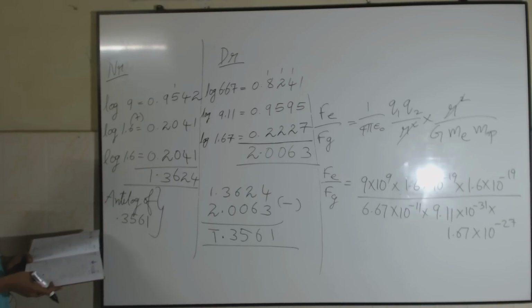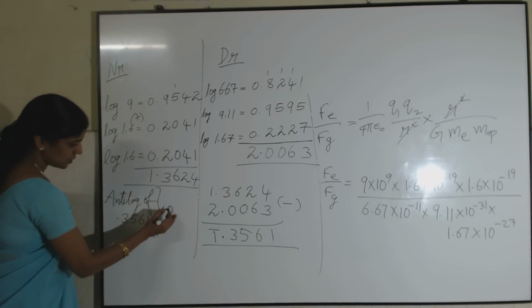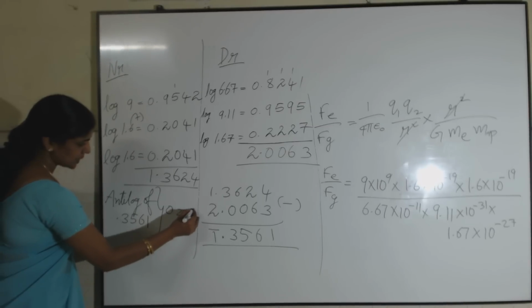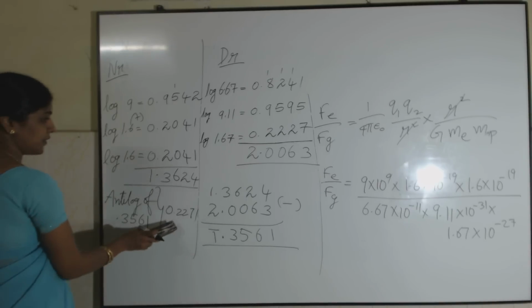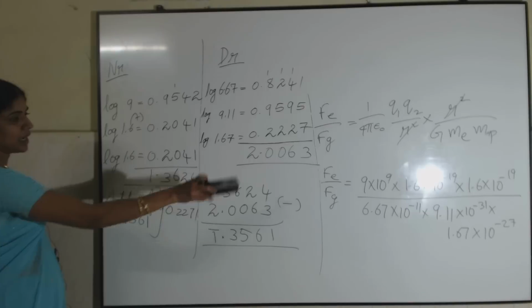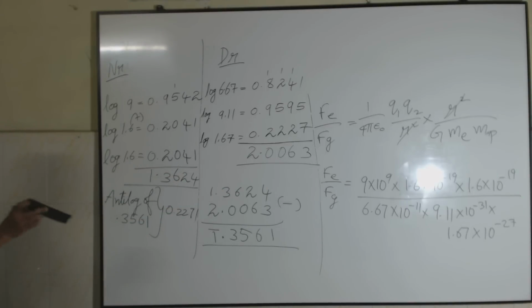For 0.356 mean difference 1, you will be getting 0.2271. So, I simplified both the numerator and denominator using log.